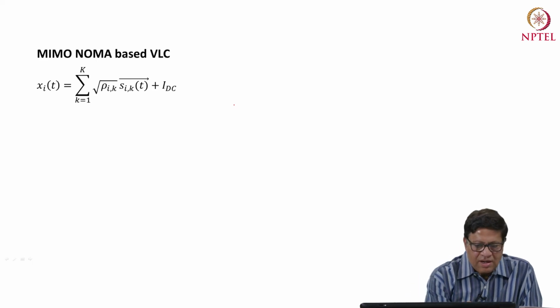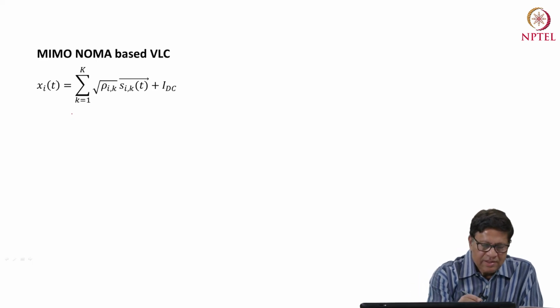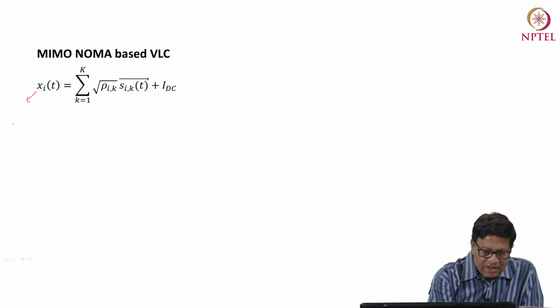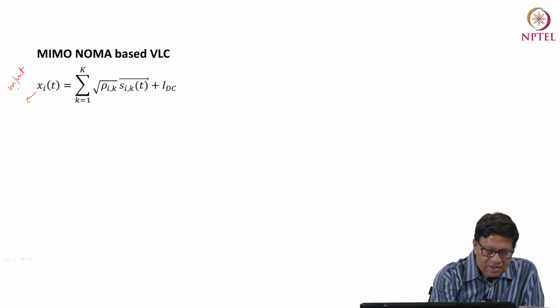So the signal X_i(t) is the input signal to LED 1 or 2, LED i.